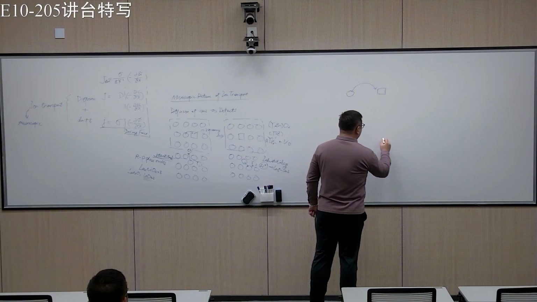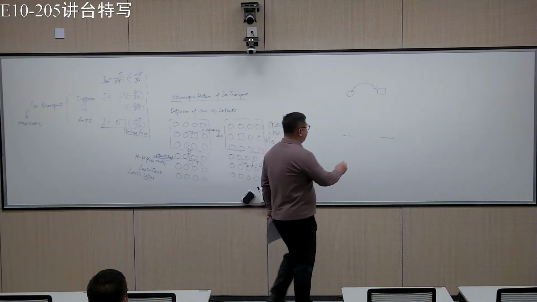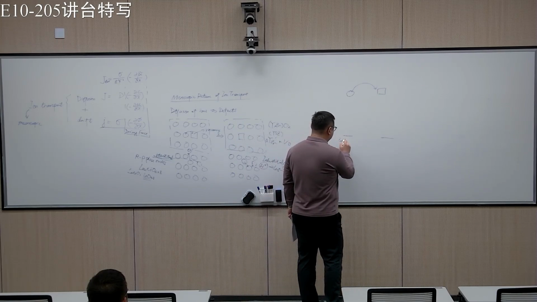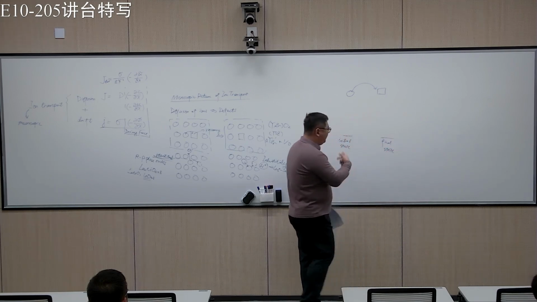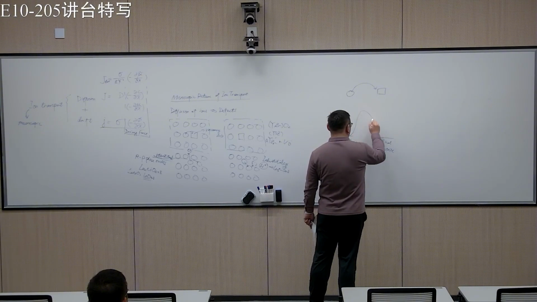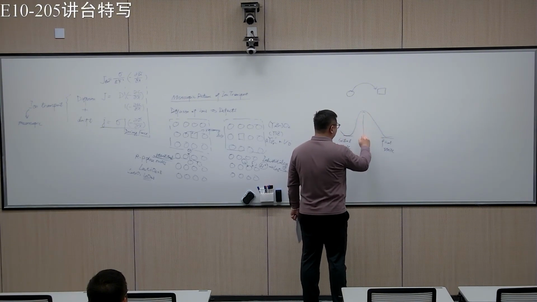So essentially, you can draw a very simple picture, that you have two states. This might be the so-called initial state. So this is your final state. They should be the same, okay. Then in the middle, you have to overcome some kind of barrier.